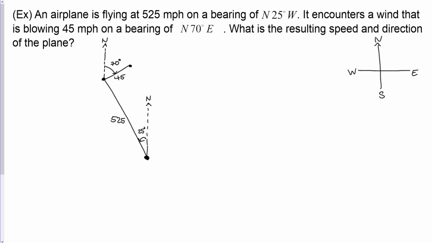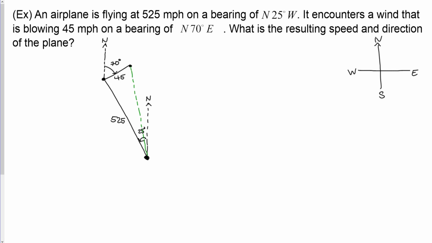And it's 45. So what is the resulting speed and direction of the plane? The resulting speed and direction of the plane is going to be this line here that I'll put in green.